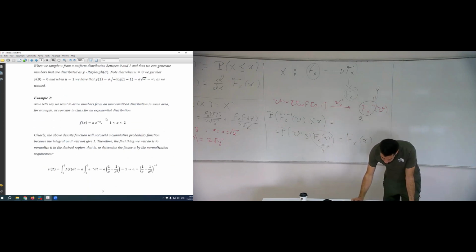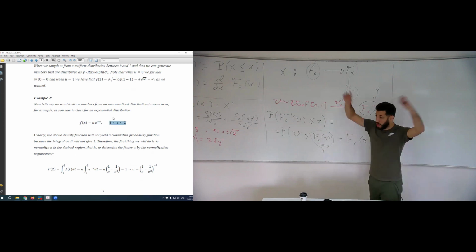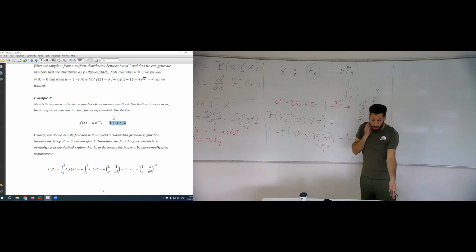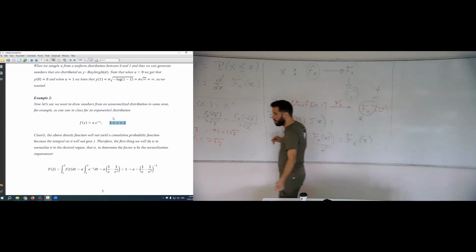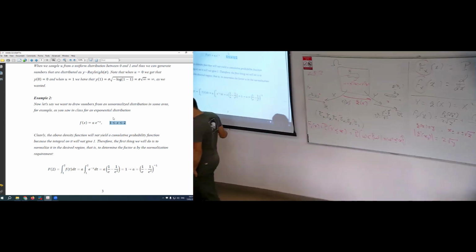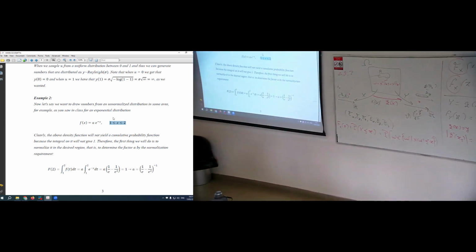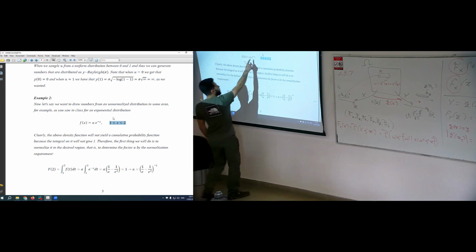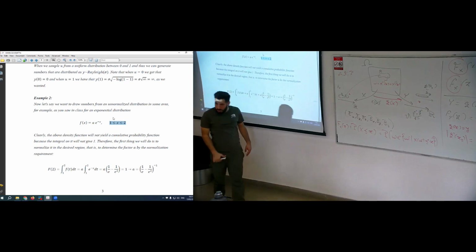Another example: here f of x is a multiplied by this exponent between 1 and 2, and outside this region it's 0. So what's this a? It's a normalizing factor, or normalization factor, which is 1 over the integral of this function in the region.